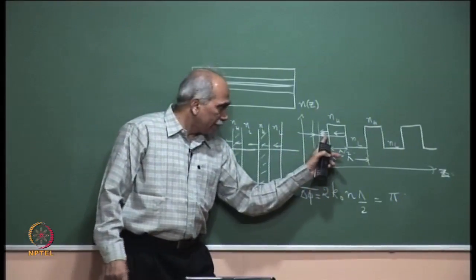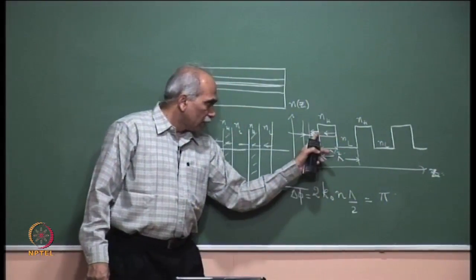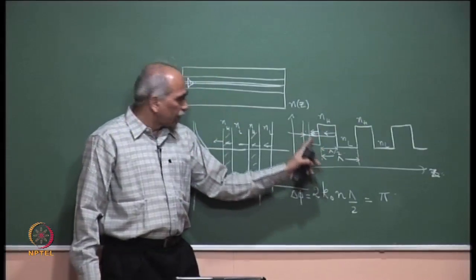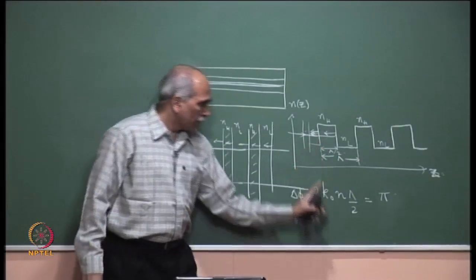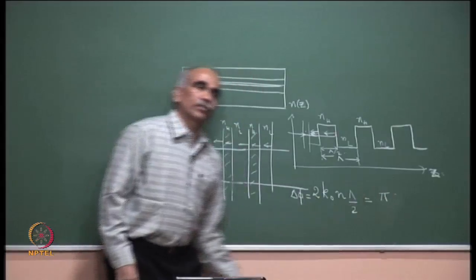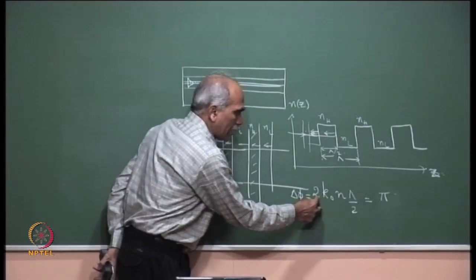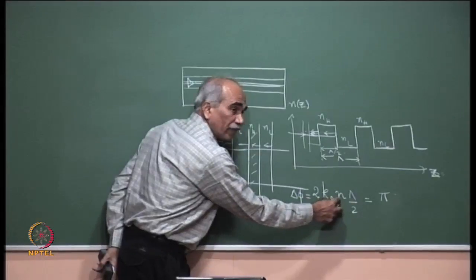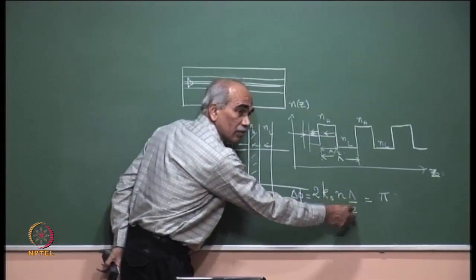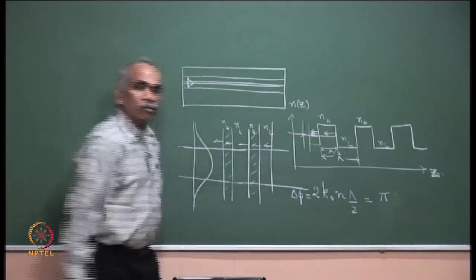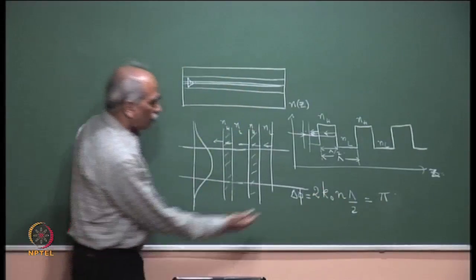Please see, the wave which is coming back from here will add in phase with the wave which is reflected here if this condition is satisfied. 2 times round trip phase, that is why 2 times phase constant into refractive index of the medium into the distance equal to pi, that is delta phi. So, what does this give you?